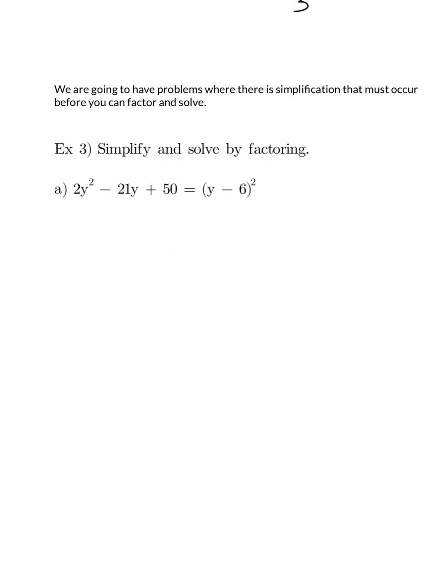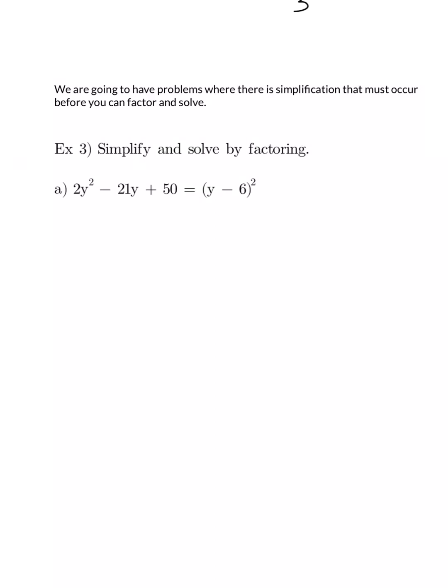We are going to have problems where there is simplification of some type that must occur before you can factor and solve the problem. The instructions will tell you to simplify and solve by factoring. When you look at this first example, notice that we have a quadratic equation on the left side.